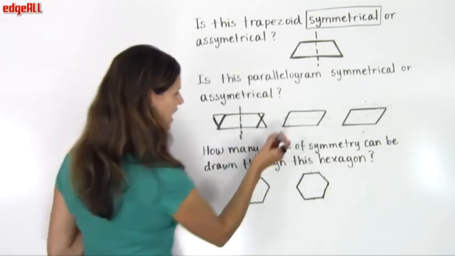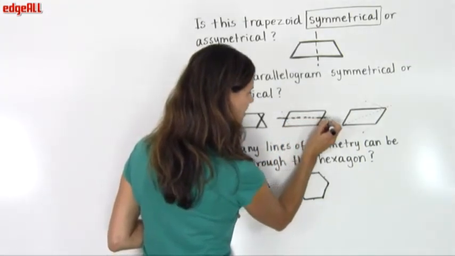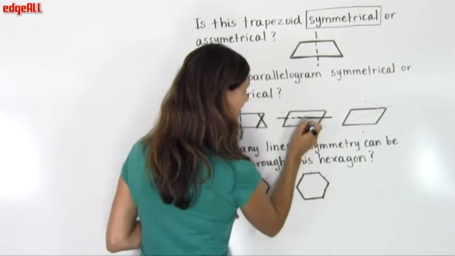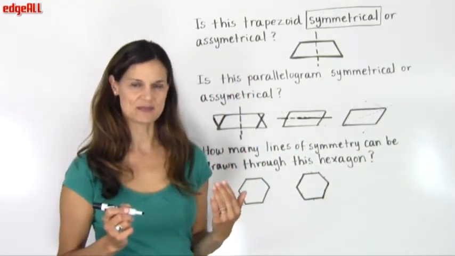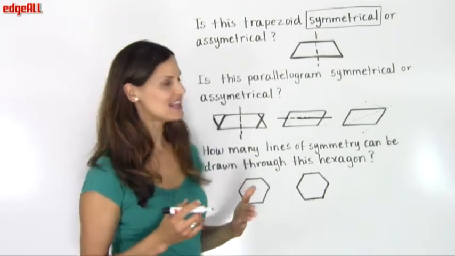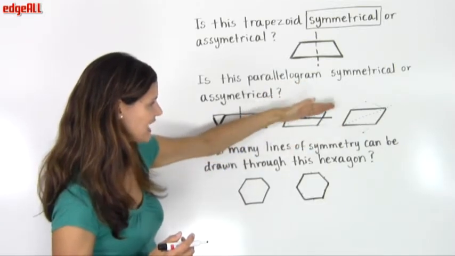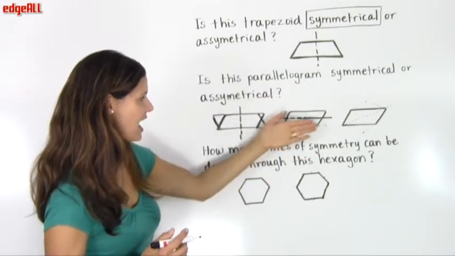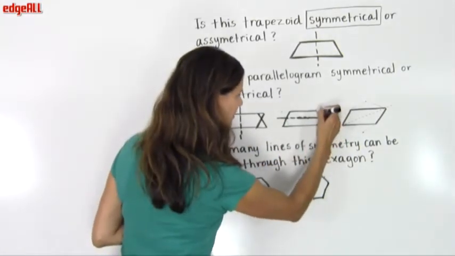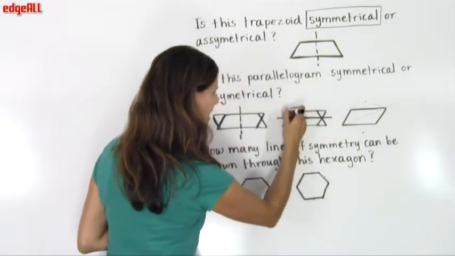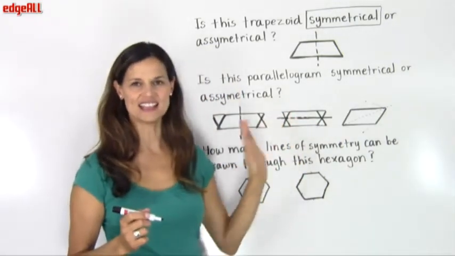Similarly, I can draw a line through the center of my parallelogram horizontally and try again to see if this is a line of symmetry. And I end up seeing that it is not, because when I take my parallelogram and fold it down or reflect it across this line, and then I take the bottom part and reflect it up, I see that I end up with kind of a shape that ends up the opposite of this with some different shapes on each side, and it's not a line of symmetry.